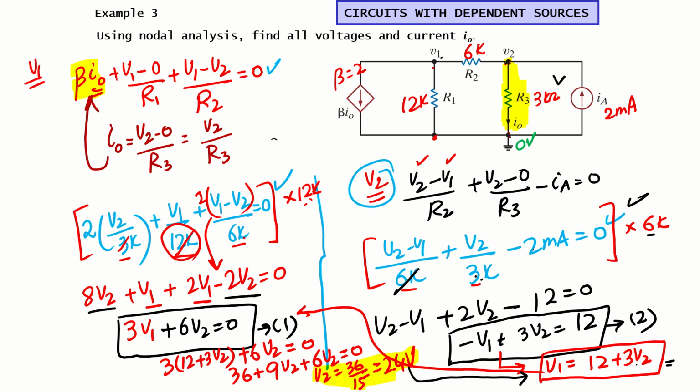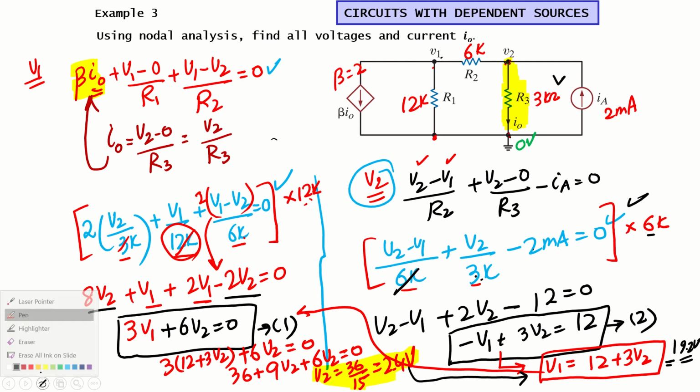So 3 times 2.4, plus 12, will give me the V1 value that comes out to be 19.2 volt. So this way we can get the values of V1 and V2.